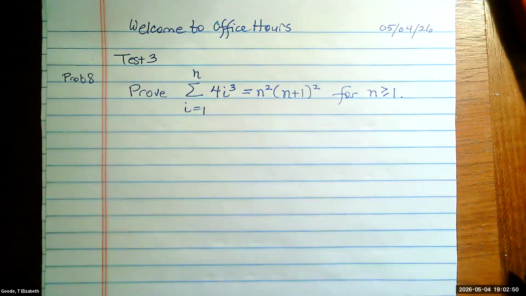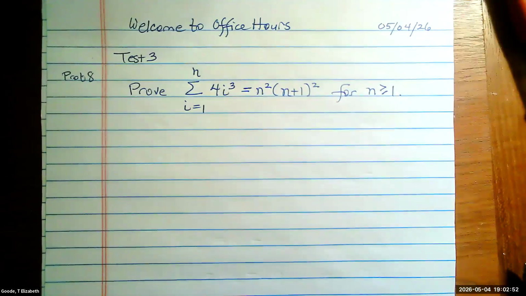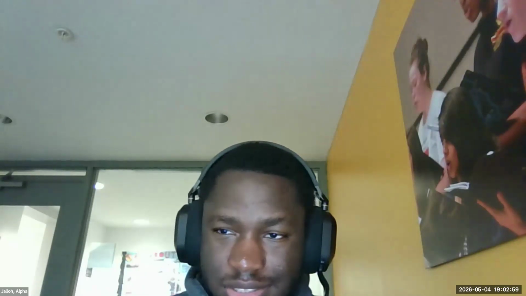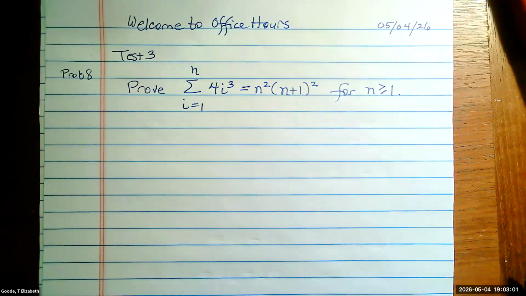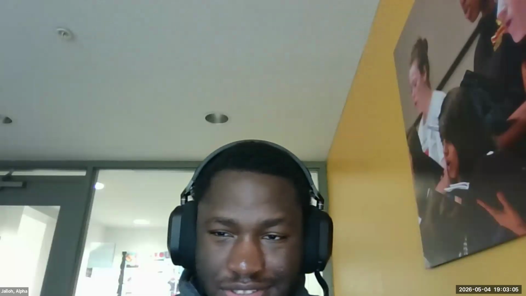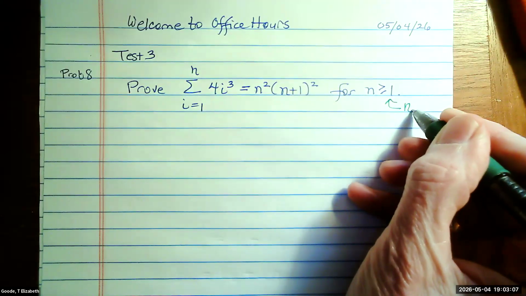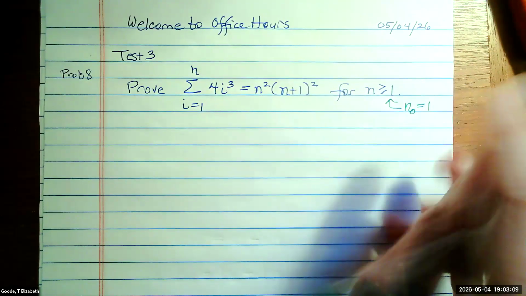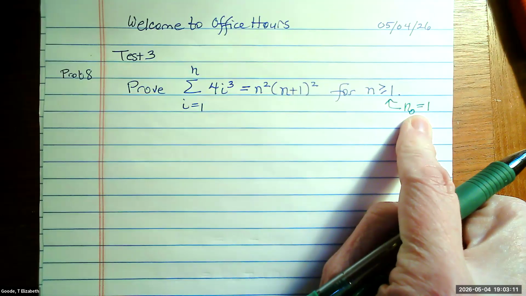So what's our n naught? What's our lowest value for n? It should be 1. That's right. So our n naught is 1, so we'll prove our basis for 1.